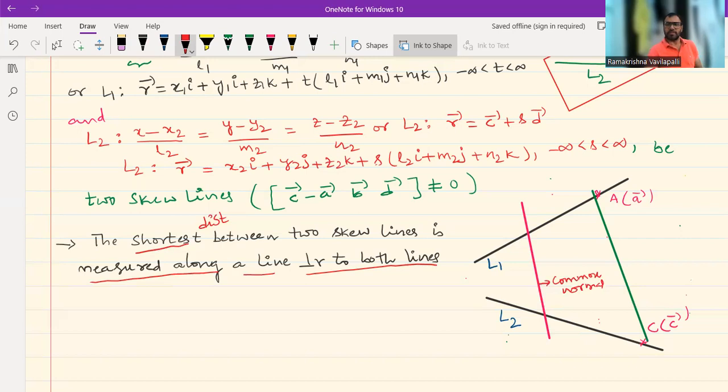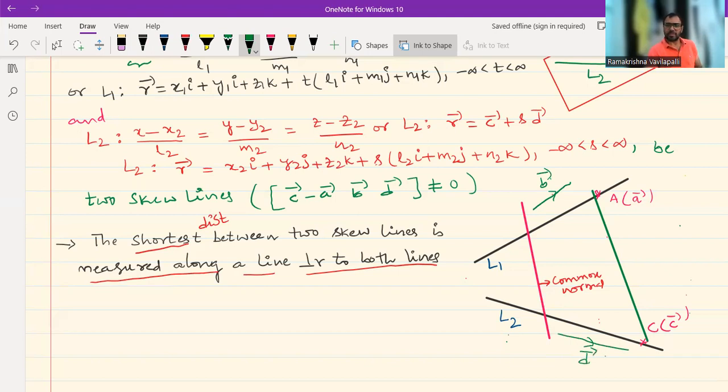Suppose the first line passes through A with position vector a bar and is parallel to the b bar vector, whereas the second line is parallel to the d bar vector.